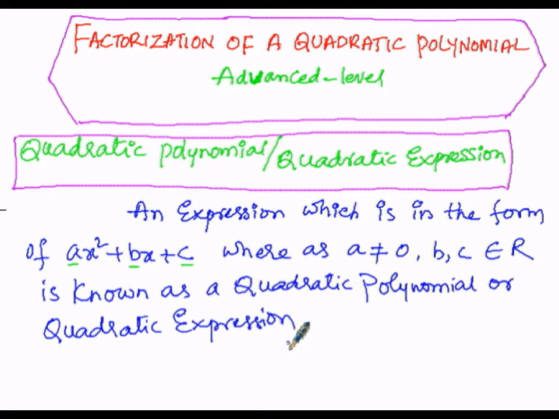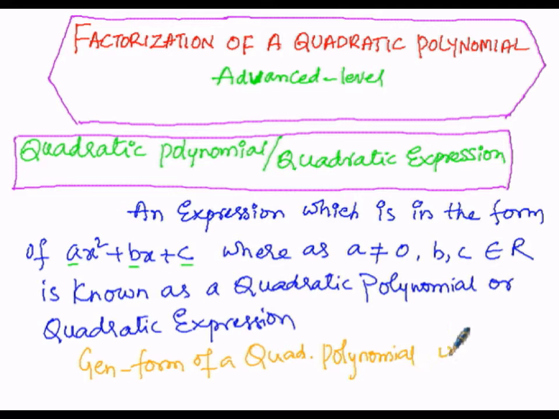So here the general form of a quadratic polynomial is ax square plus bx plus c, in which a is the coefficient of x square.